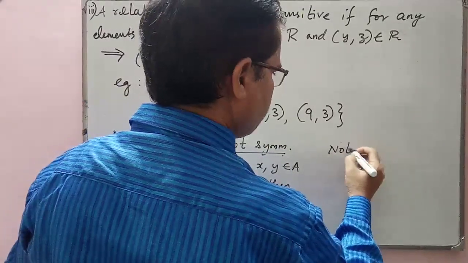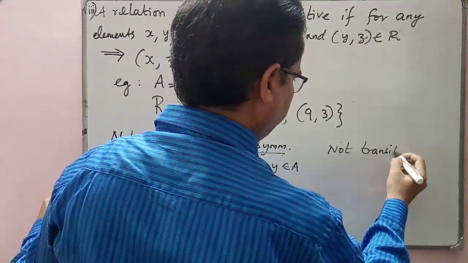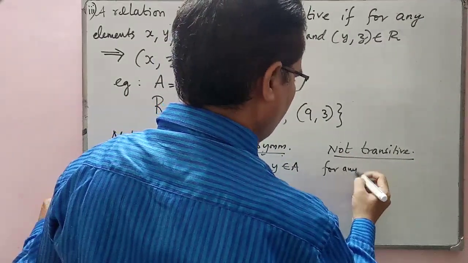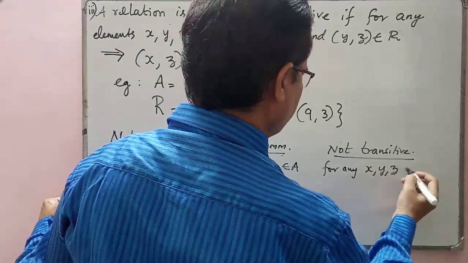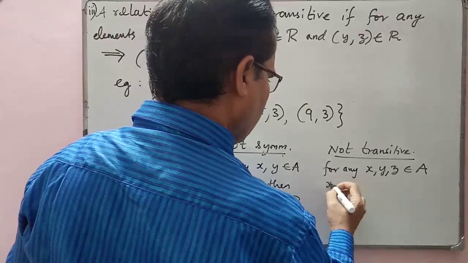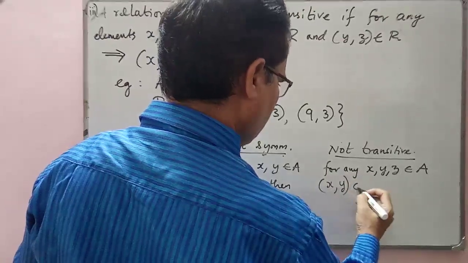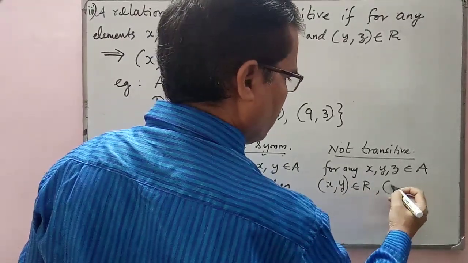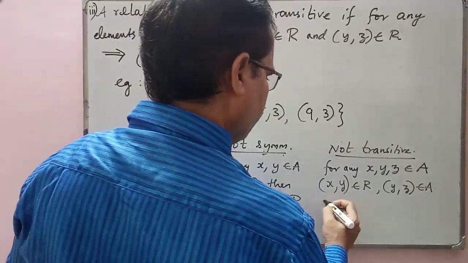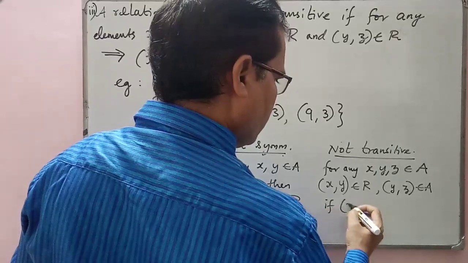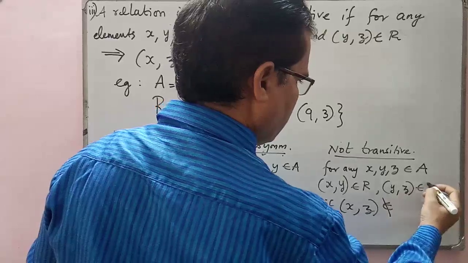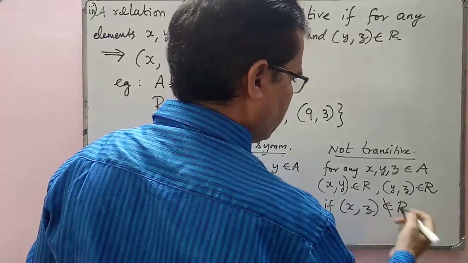Then not transitive. Can you try? We should take 3 elements for any x comma y comma z belongs to the set A. Excellent. x comma y belongs to R, then y comma z belongs to R, then if x comma z does not belong to R, then call it not transitive.